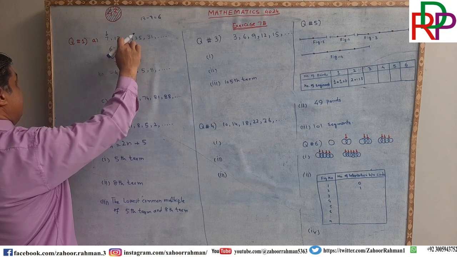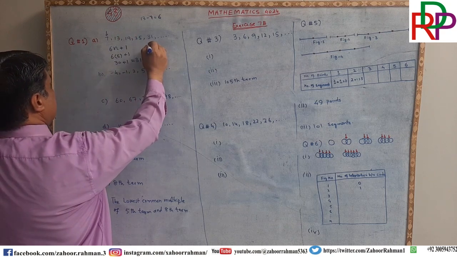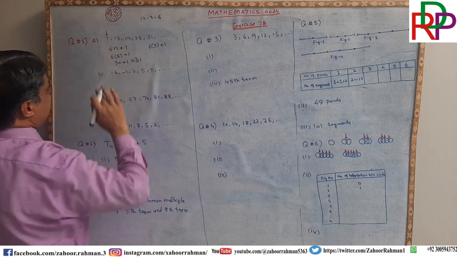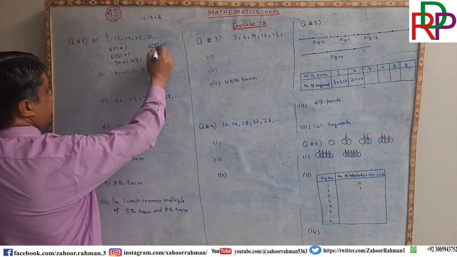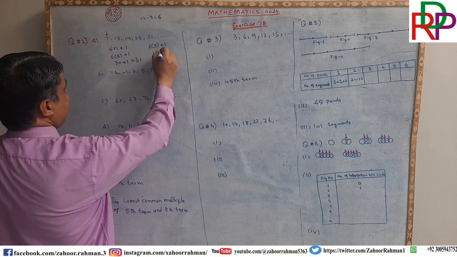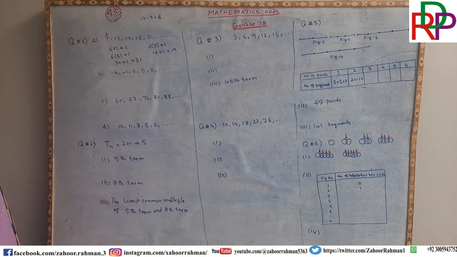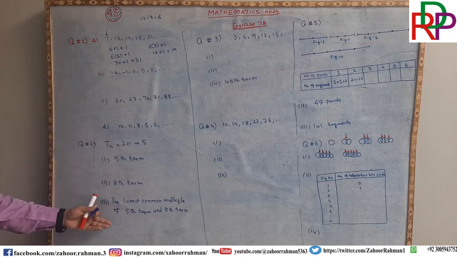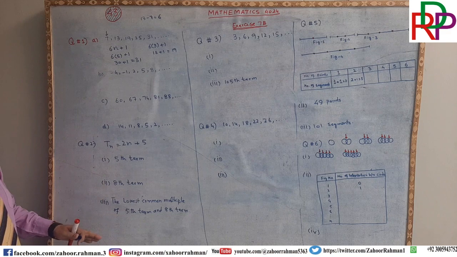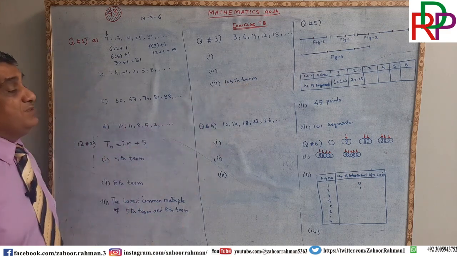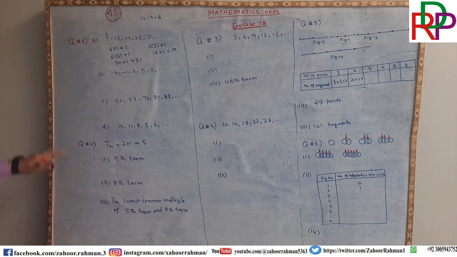If you want to find this third term, you have to put 3 instead of n. 6 threes are 18, and 18 plus 1 is equal to 19, which is this. Now you can find the 100th term as well. In the next question, we will find the 105th term. So first you have to understand how to construct a general formula.